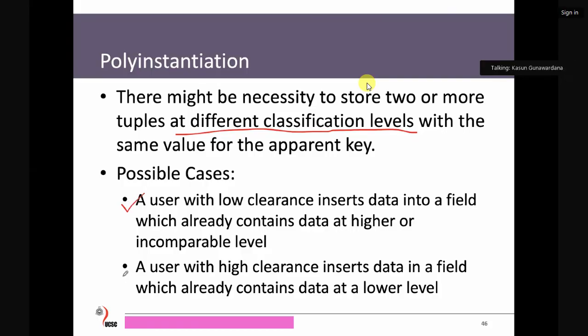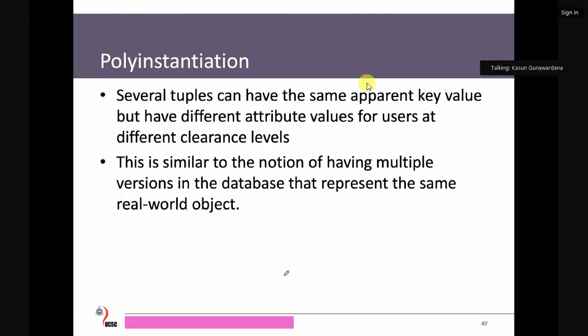The second case is a user with high clearance inserting data in a field which already contains data at a lower level. In that case too, it will create multiple rows.